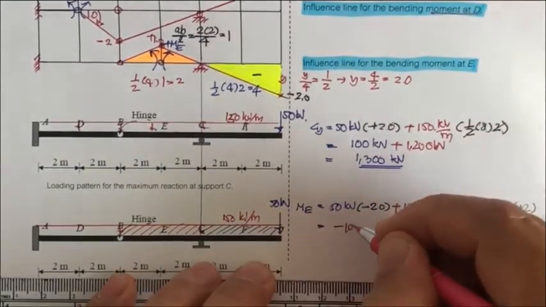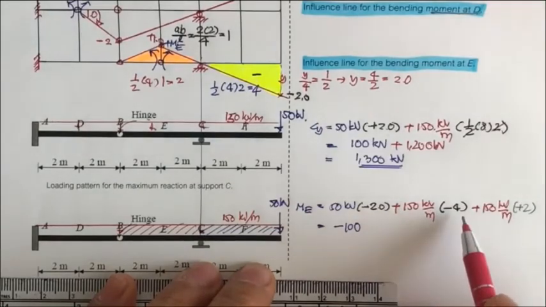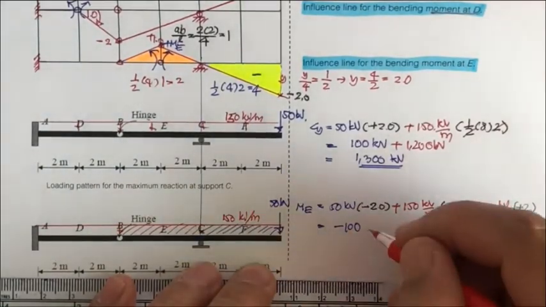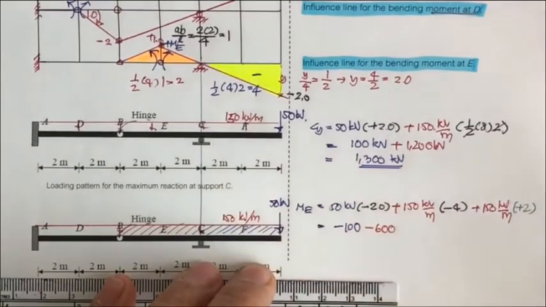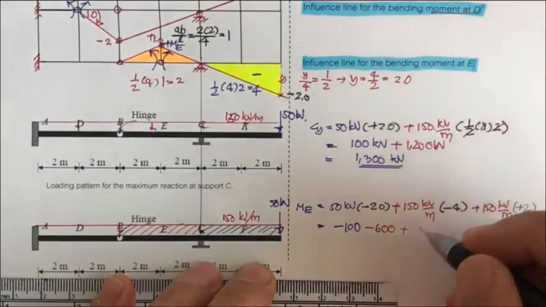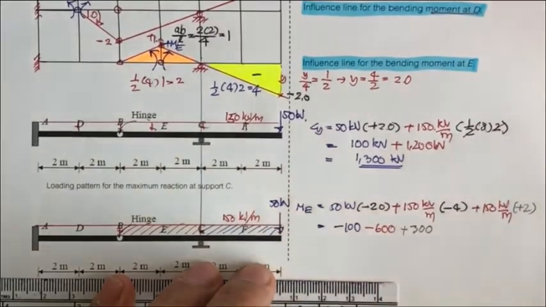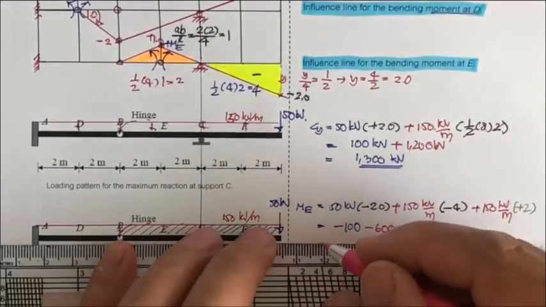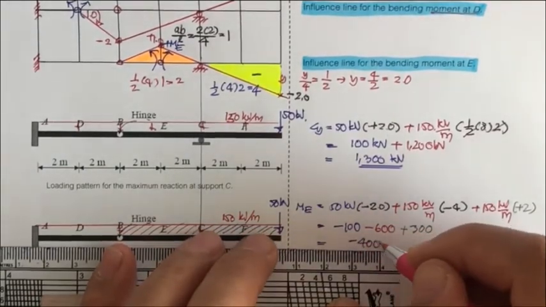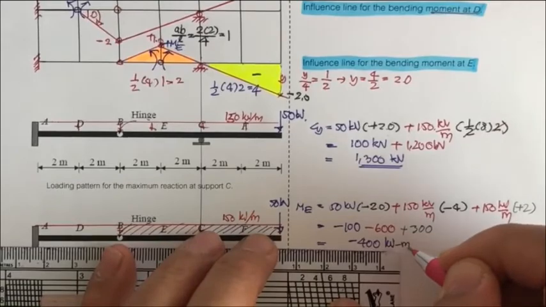This one is minus 100. This one could be minus 600. This one is going to be plus 300.